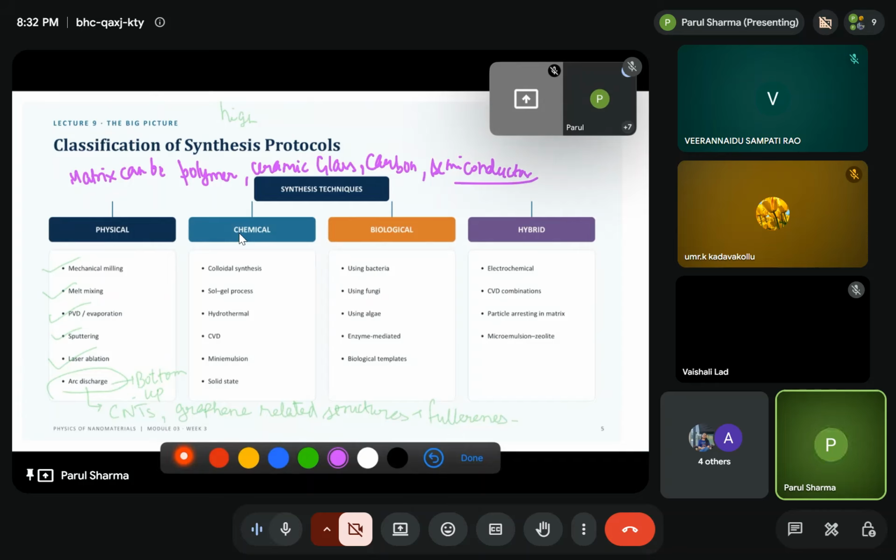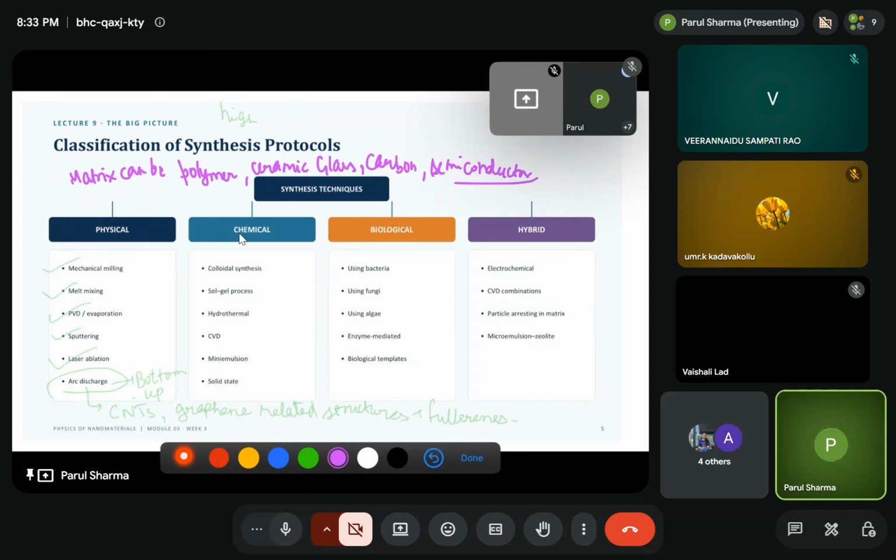So like if we imagine nanoparticles are forming inside a material, precursor will give us the atoms and it will give us the nuclei. Then when the nuclei start growing, it will give us the nanoparticles. So matrix just prevents agglomeration, limits the particle growth, stabilizes the nanoparticles, provides the mechanical support.